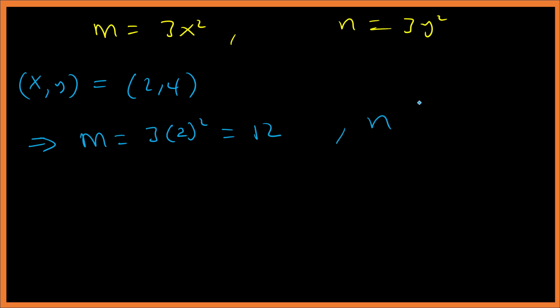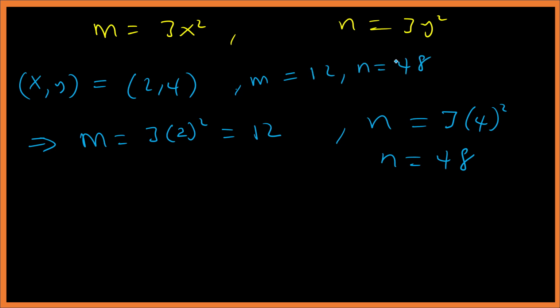Then n will be 3 times 4 squared, 4 times 4 is 16, so this one will be 16 times 3, that will be 48. So we have the first pair as m equals 12, n equals 48. So let's keep this one here.